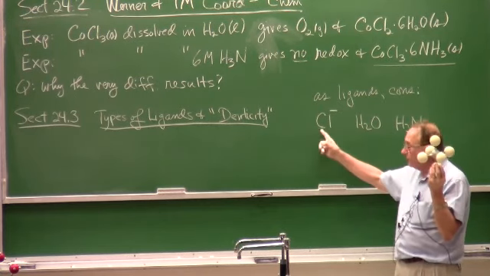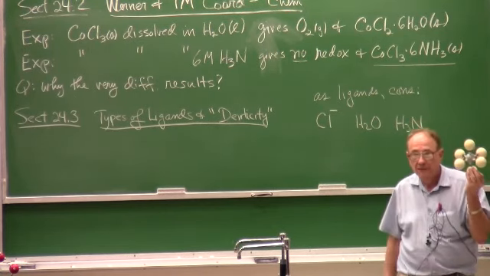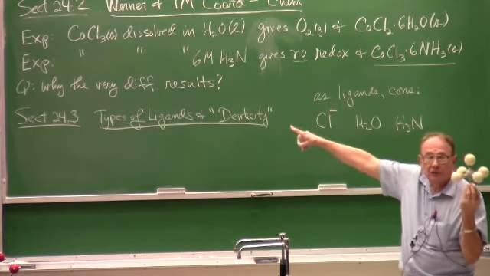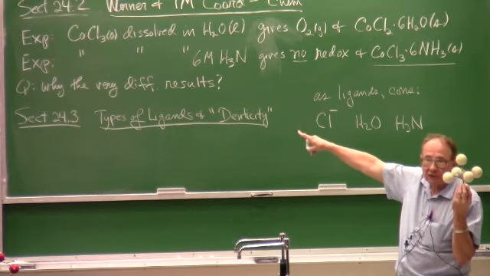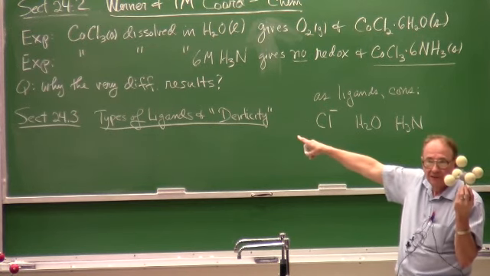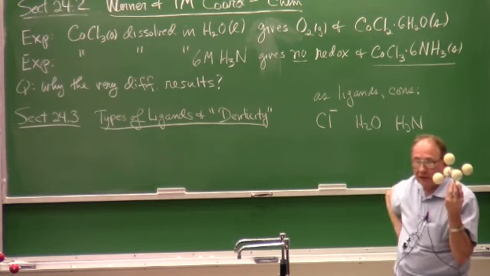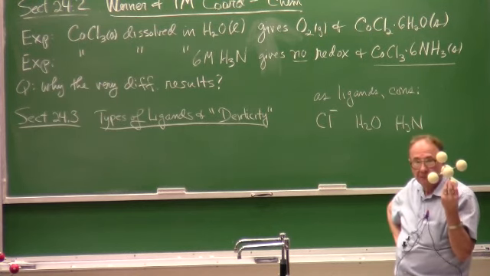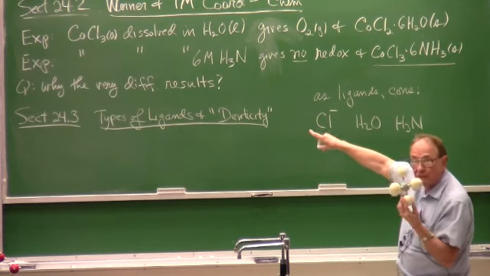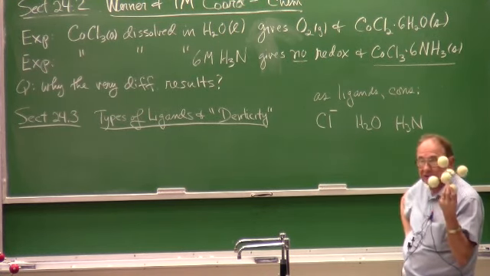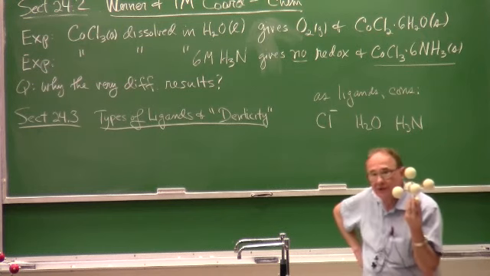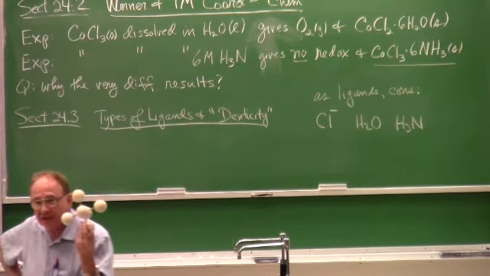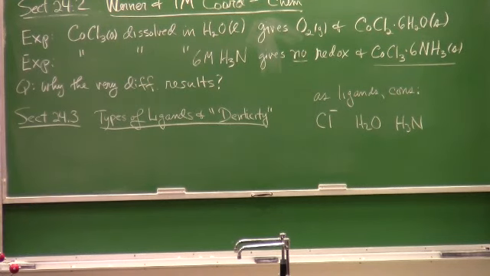Water or chloride ion? Water. In the first experiment, we're starting with cobalt in contact with chloride ions, nothing else. We dissolve this stuff in water. And out comes oxygen. And cobalt is getting reduced from +3 oxidation state to +2 oxidation state. Does that not scream at you that in the first experiment, water molecules and cobalt in the +3 oxidation state must be making contact with each other?